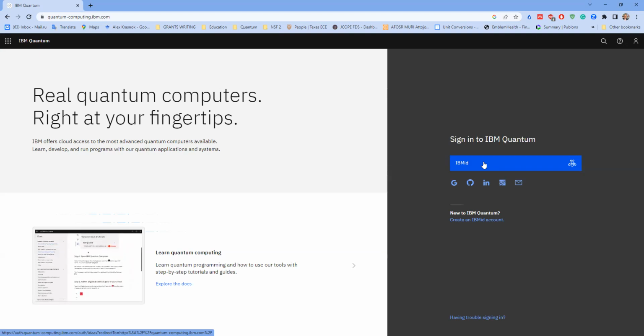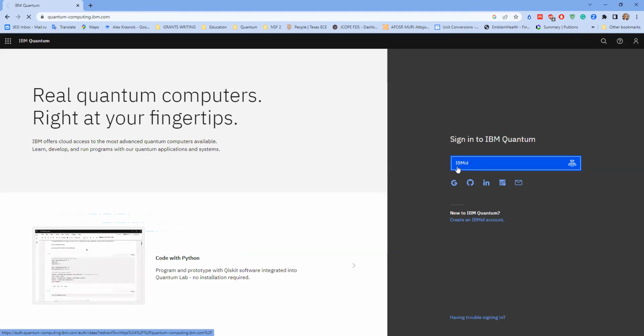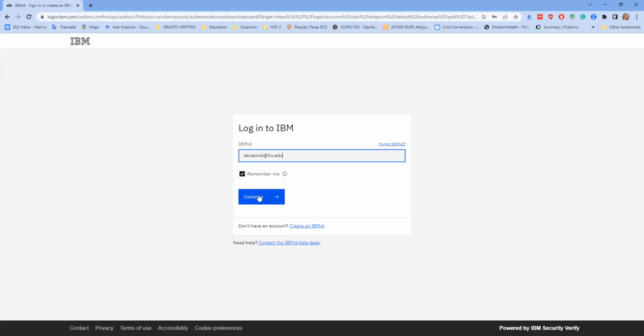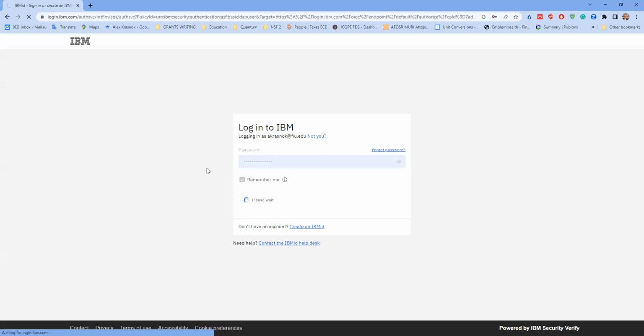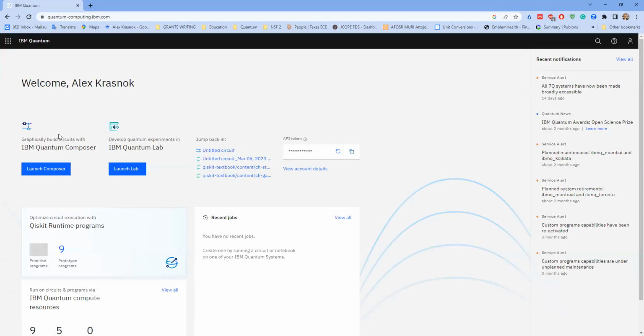You register there, that's for free. But the environment provides a very nice quantum computation platform. So you go to the system. Here the two main elements are IBM Quantum Composer and IBM Quantum Lab.